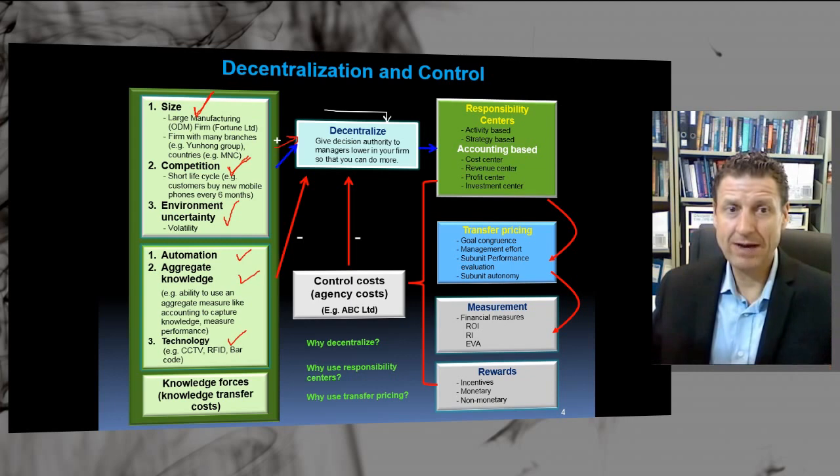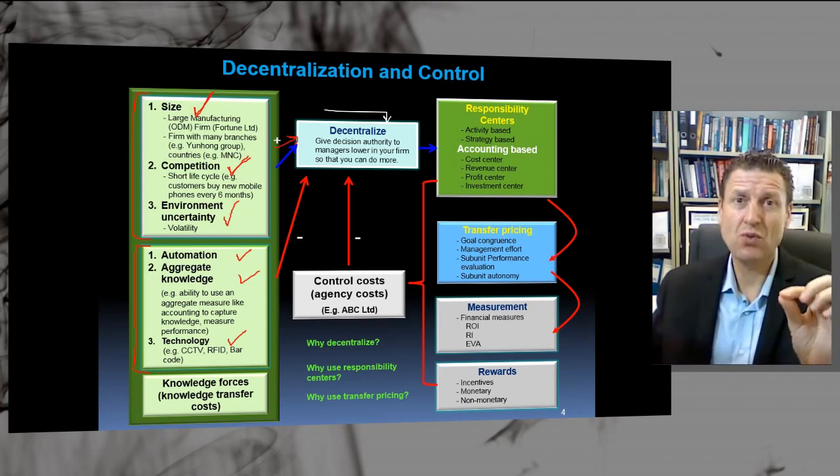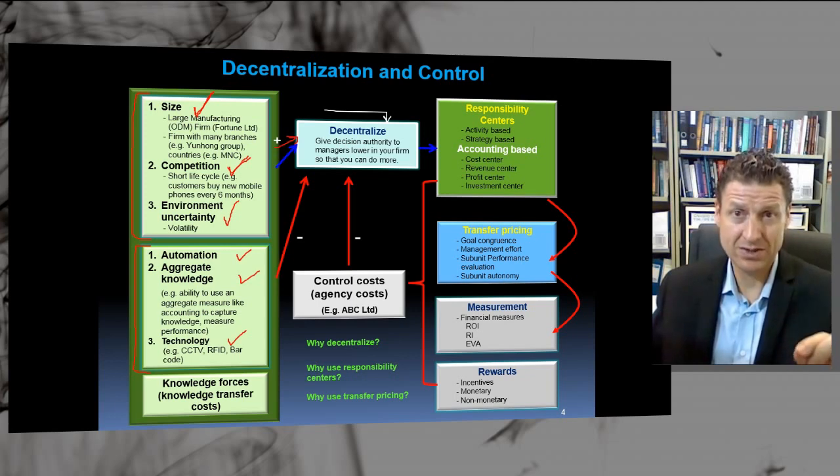But here we have basically the factors that cause knowledge transfer costs to increase, and here we have some of the moderating factors that may help you not to have to decentralize as much. But you still will need to decentralize to some extent.